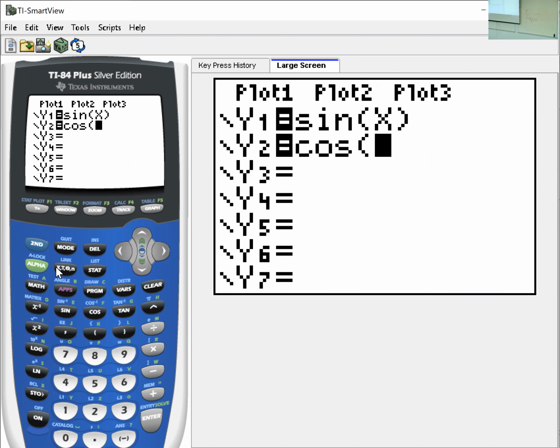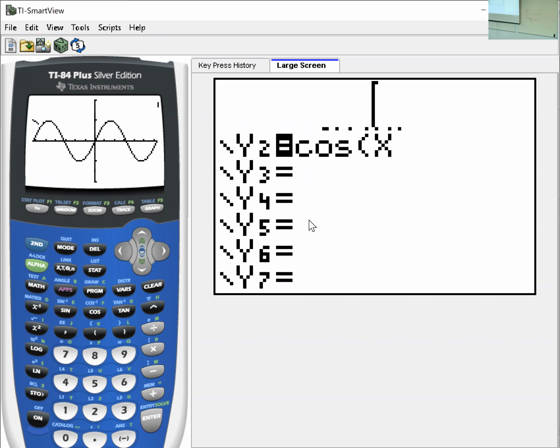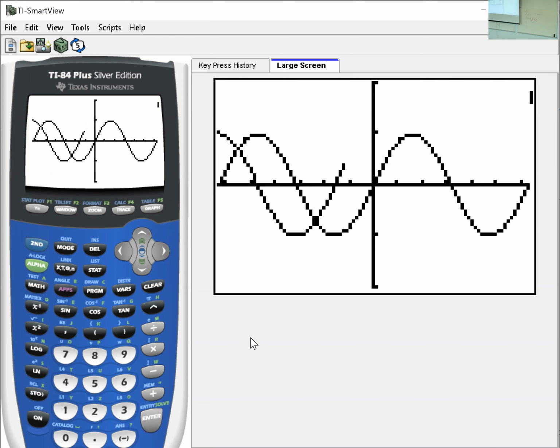Cosine x. Ready? Is it pi over 2 shifted? Yes. Cosine.